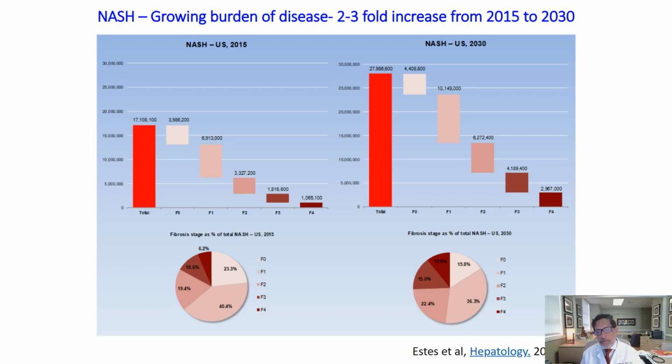So if we look at the public health burden of disease, these are data from modeling the burden of disease from 2015 to 2030. You can see on the left-hand panel that there are about 1 million people with cirrhosis currently living in the US. And this is expected to rise to almost 3 million by 2030.